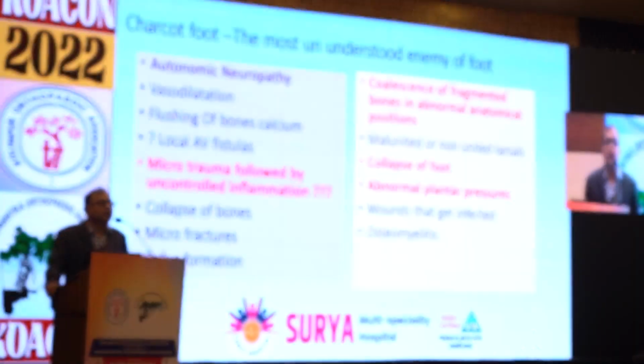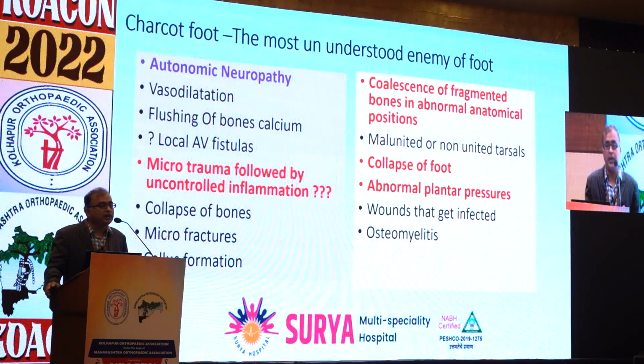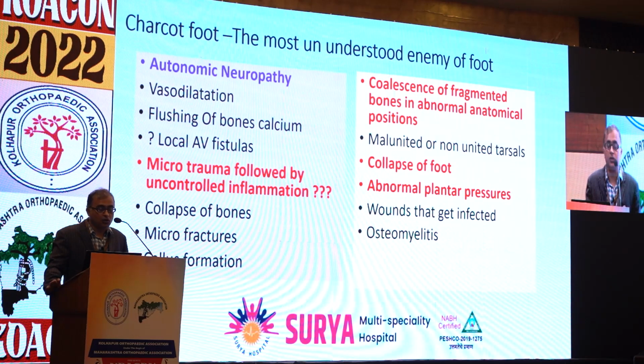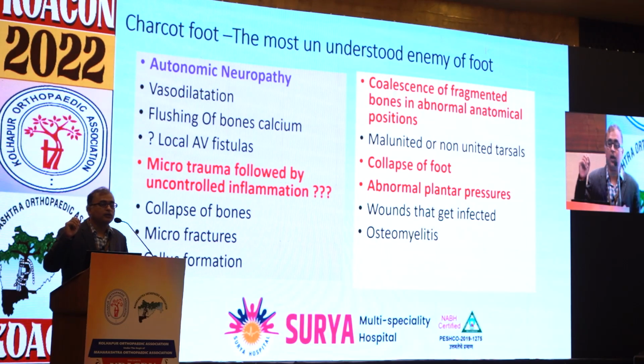Some trivial trauma causes uncontrolled inflammation in the area, ultimately causing swelling and fragmentation of the bones, which eventually goes to coalescence of the fragments, malunions, non-unions, collapse of the foot, loss of arch, and abnormal plantar pressures, ultimately leading to the wound, and the wound causing infections. This is the same sequence we saw in the first slide, the basic slide. There it started from the callus; here it starts from the edema.